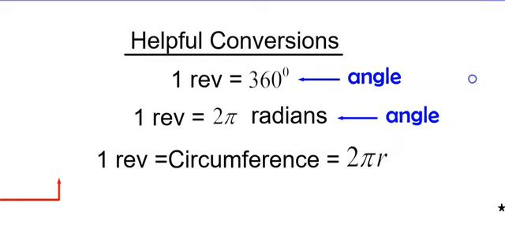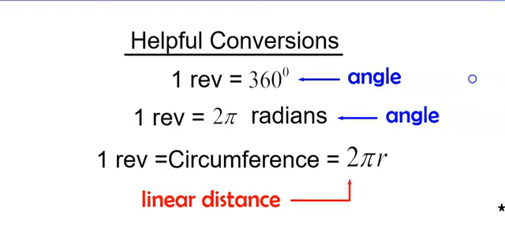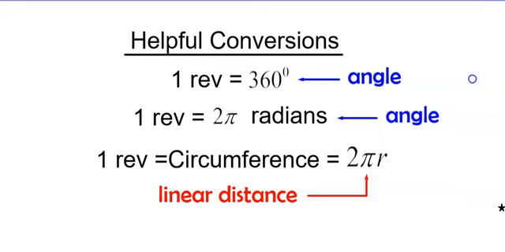Third one, this one we are going to use anytime we're going between angles and linear distances. So if we're going from inches and feet, things like that, into angles or working with revolutions, we're going to use this one that says that one revolution is equal to the circumference of your circle.